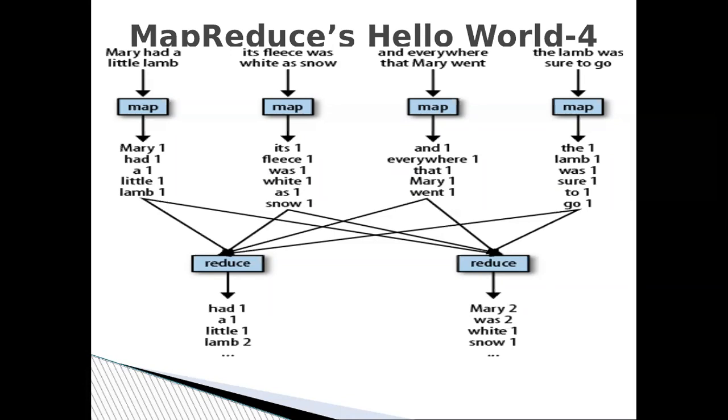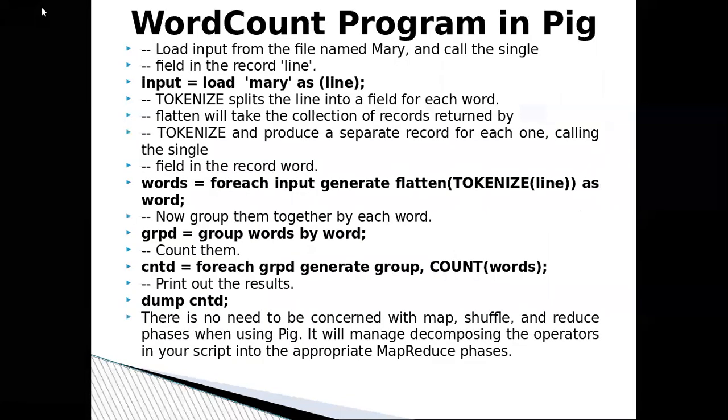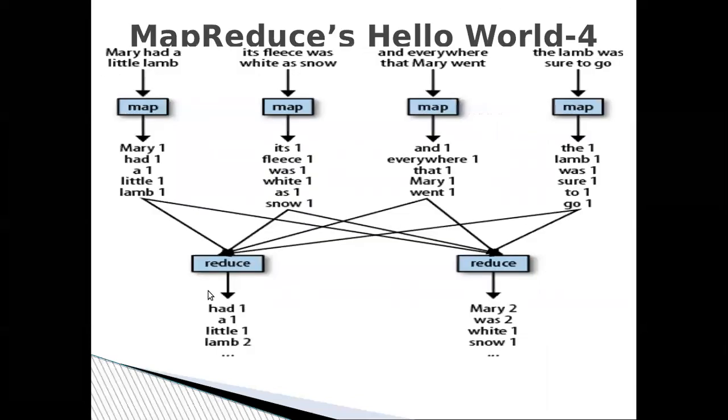After that, you can see that there are 2 reducers, one for the words from A to L and one for the words from M to Z, and they'll total up the counts like this. So this is the shuffle phase, in which the output of the map tasks is sent to the different reducers, whatever are there in your problem.